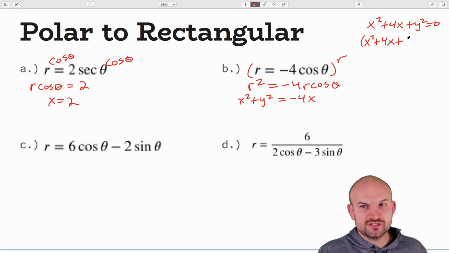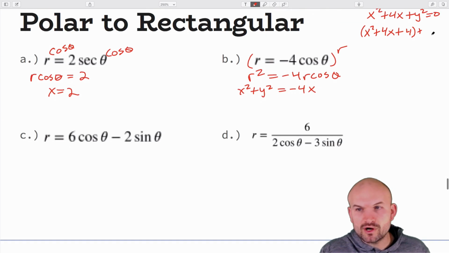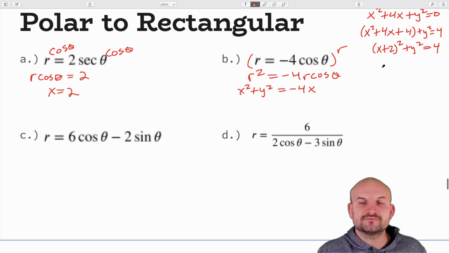Well, then 2 times 2 is 4. But again, you just can't randomly add a 4 to the left side without adding it to the other side. So that's why I'm going to add a 4 on the other side. Then this can now be factored down into x plus 2 quantity squared plus y squared equals 4.